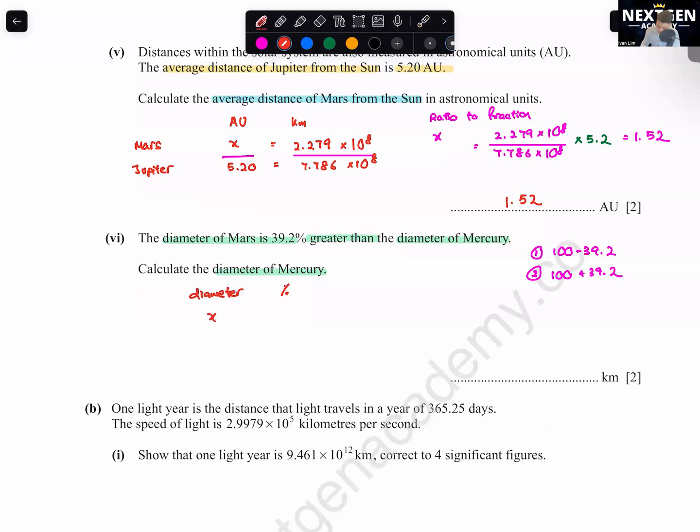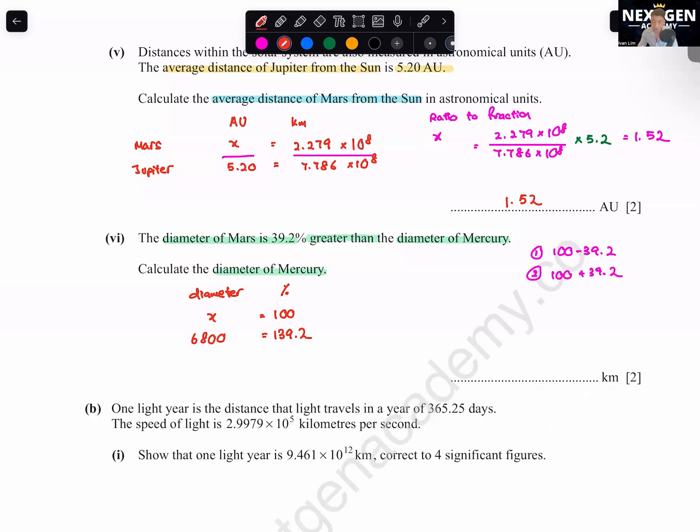Okay, I want to find what is the percentage of Mercury, which is 100%. Diameter for Mars is 139.2%. Okay, do we need to write 100 plus 39.2? I don't think they are very particular on this. Okay, so you can just write 139.2.